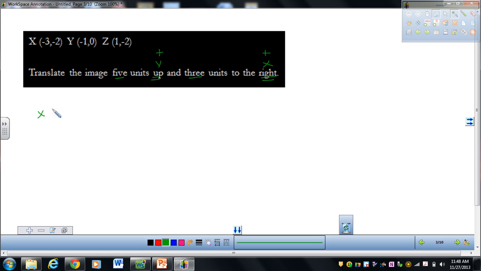So I've got X is -3, -2, Y is -1, 0, and Z is 1, -2. And I know that this one's my X and this is my Y, because X comes before Y in the alphabet, so X comes before Y when we do our points.